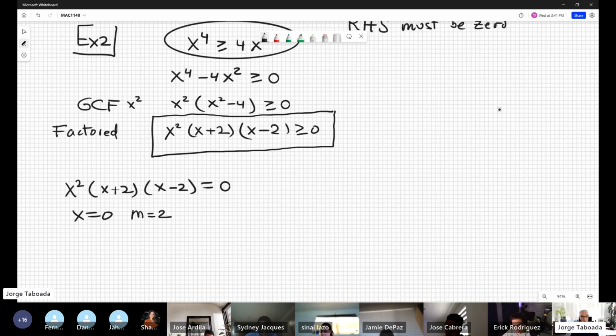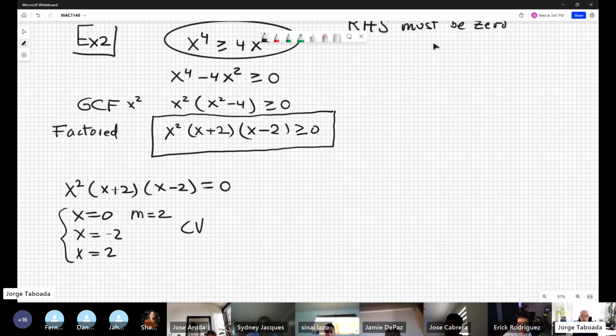Remember, this is a polynomial, guys, of degree 4. And a polynomial of degree 4 has 4 zeros, 4 solutions. But the multiplicity counts, so it's 0, 0, negative 2 with multiplicity 1, of course, 1 time, and positive 2 with multiplicity 1 time. And this is the collection of our critical values.